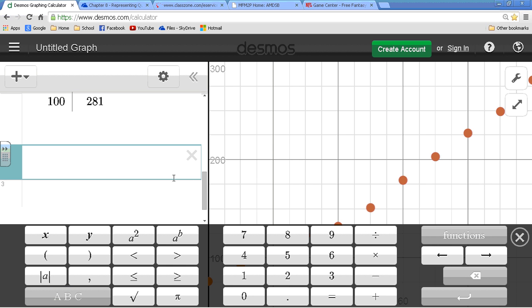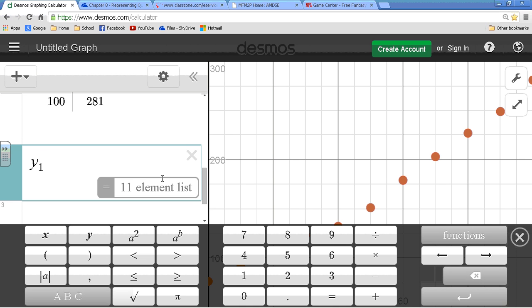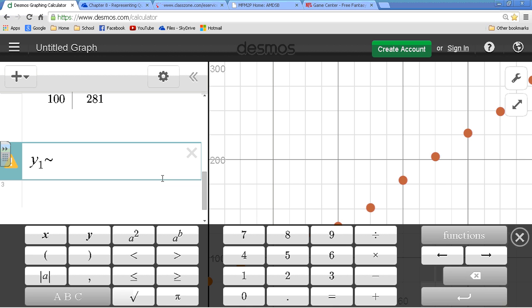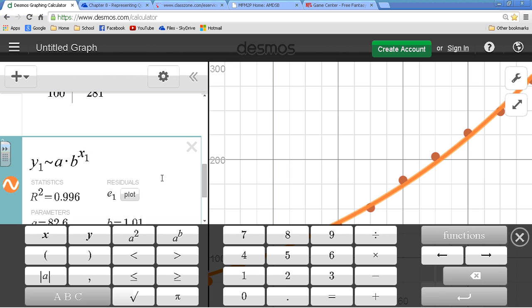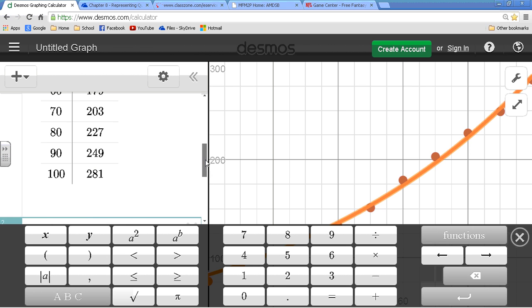How I do regression on Desmos is I type in this sort of thing. I want a function of the form y1 is approximately equal to, and that's a tilde, a times b to the exponent x1, which was my table.